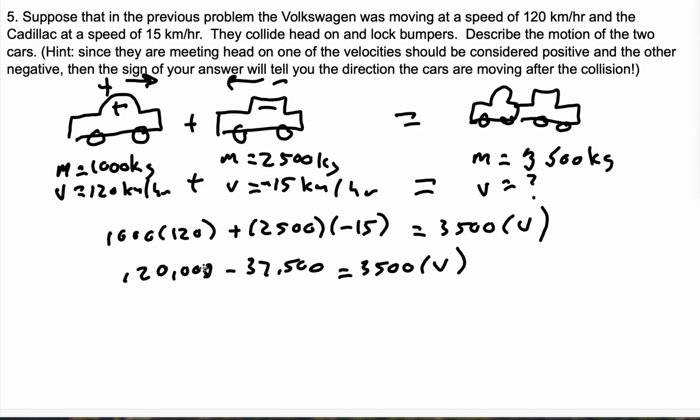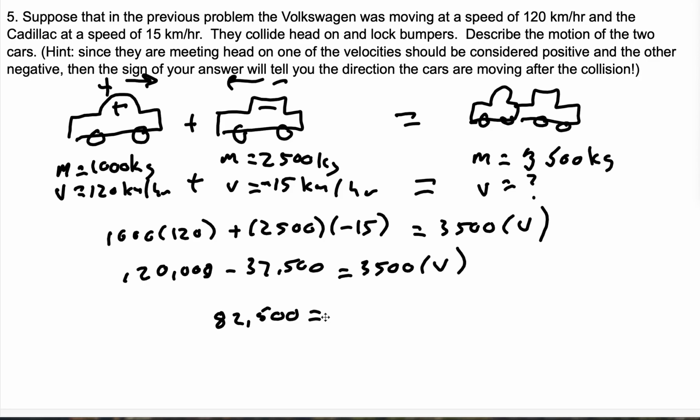Okay, so then I have to add these two together, 120,000 minus 37,500. That will end up being 82,500. Am I right? Can someone tell me? So I'm waiting for confirmation.